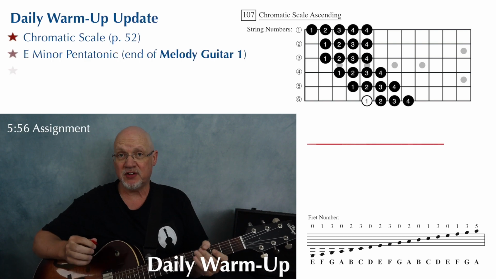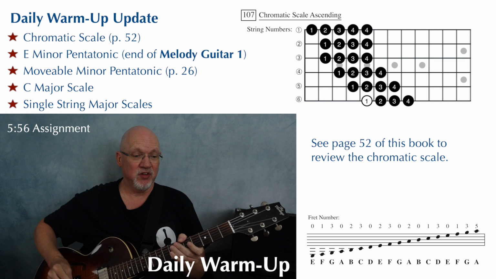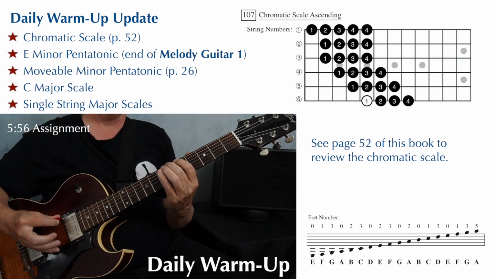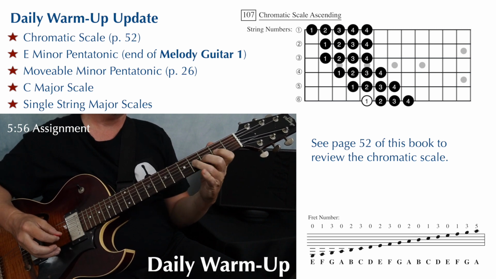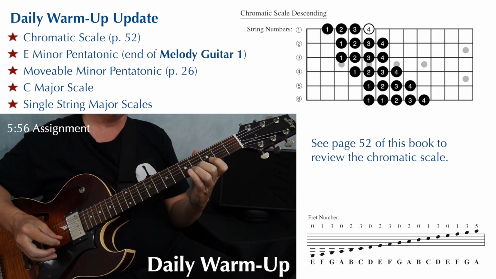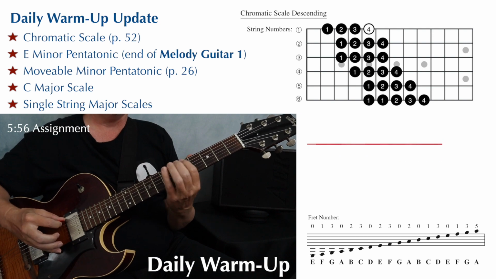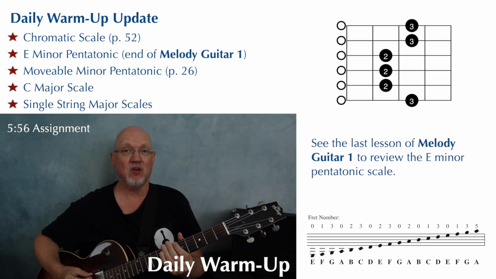With single string major scales, this is what your warm-up should look like at this point. We have the Chromatic Scale from page 52, and I'm just going to play these really quick. We have the E minor pentatonic from the end of Melody Guitar 1.